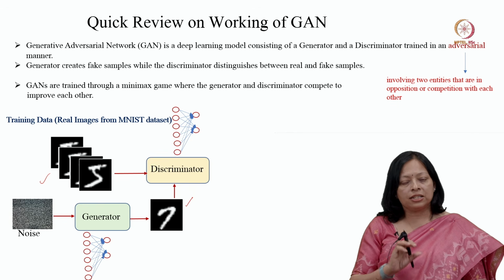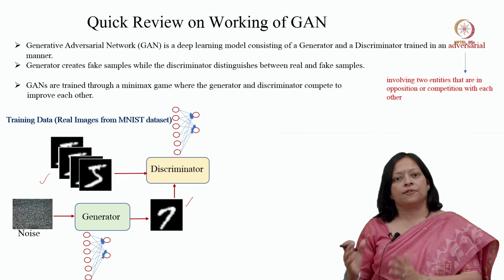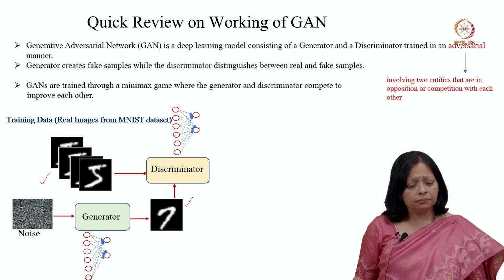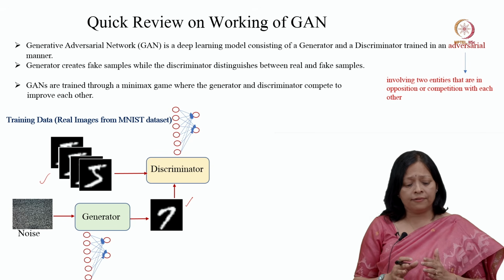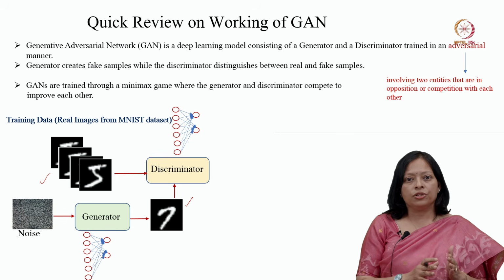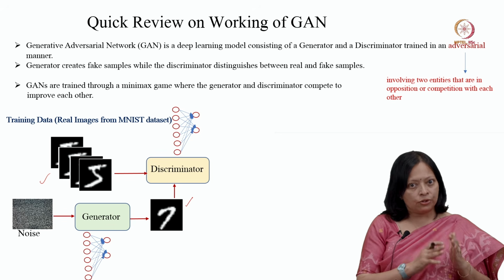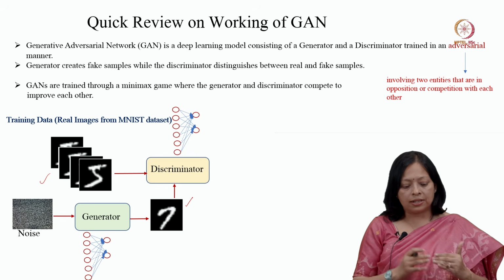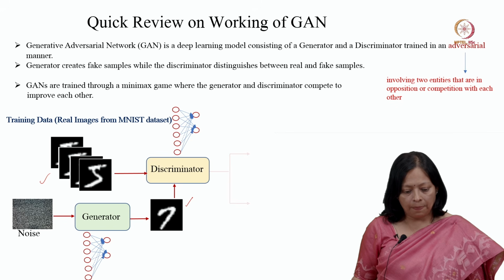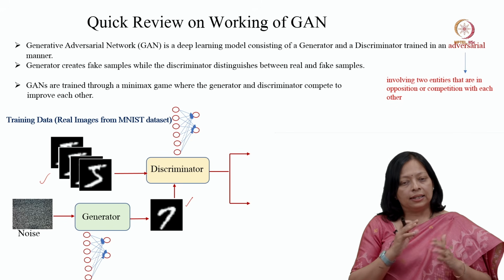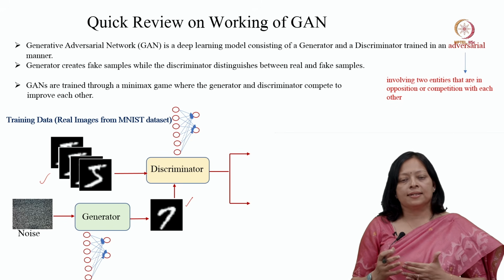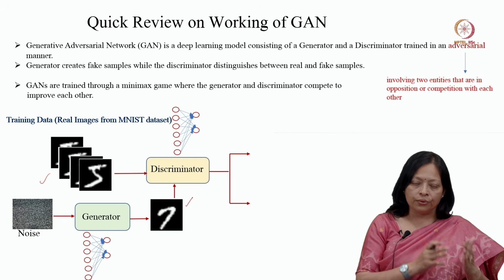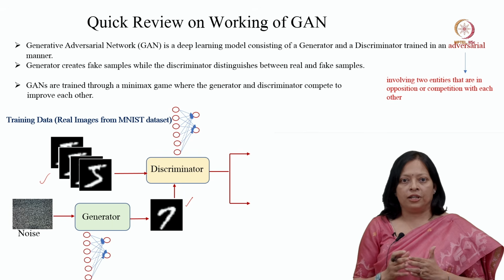Now, this generated image, which we also call the fake image, goes to the discriminator. The discriminator has both the original image, which is the digit 5, and the image created by the generator, which is digit 7. The discriminator's task is to distinguish between the original image and the fake image.